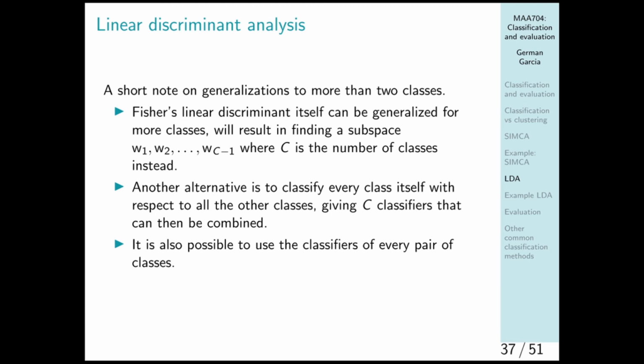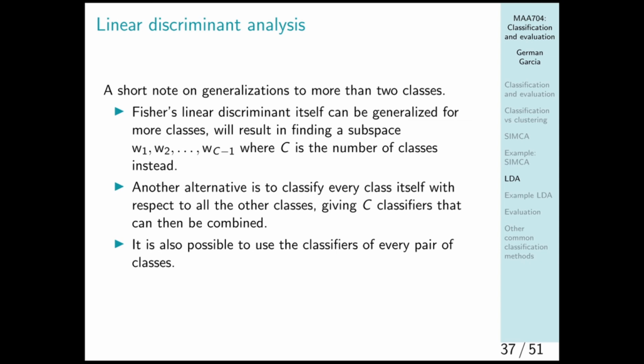Another alternative is to classify every class itself with respect to the other classes, giving as many classifiers as classes you have. Literally, you make a method to classify whether or not an element belongs to class 1, another to determine whether or not the element belongs to class 2, and the same with all the classes, and depending on which class you want to check that your new observation is, you use the proper classifier.